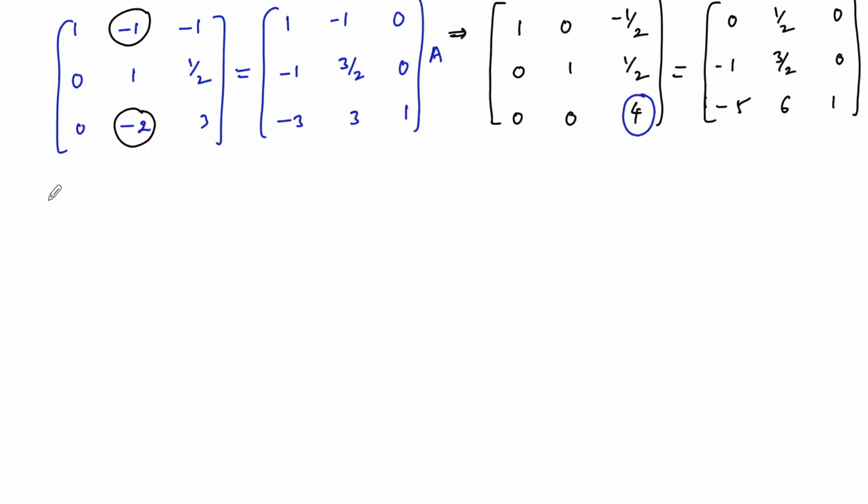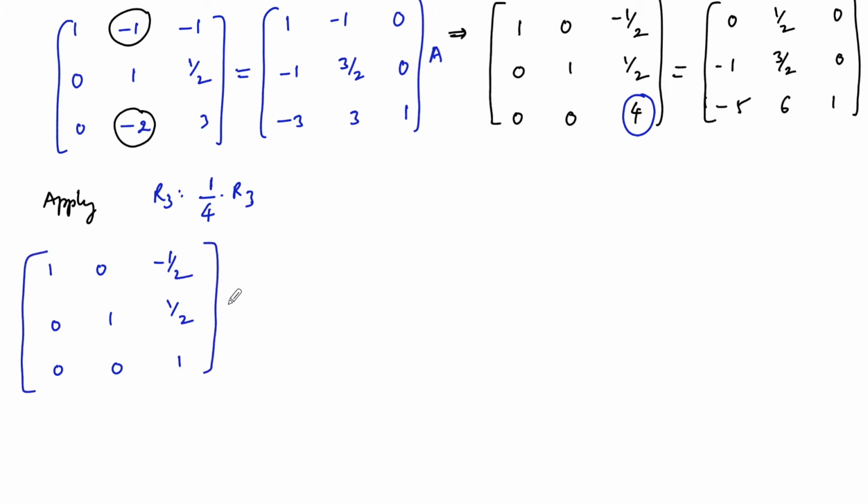For that, let me apply R3 1 upon 4 times of R3. So that I can write 1 first row as it is, 1 0 minus 1 by 2, 0 1 1 by 2, and then 0 0, 4 upon 4 is 1.